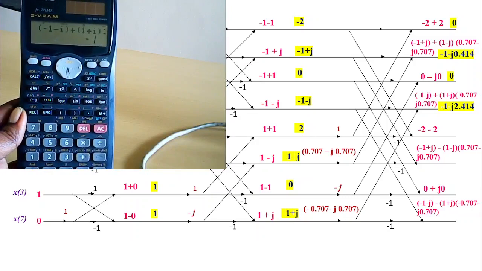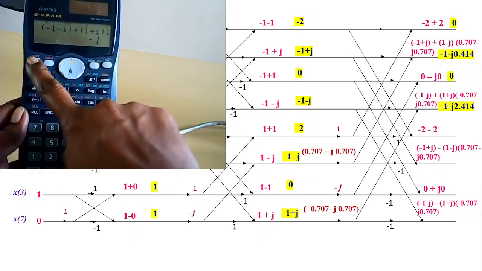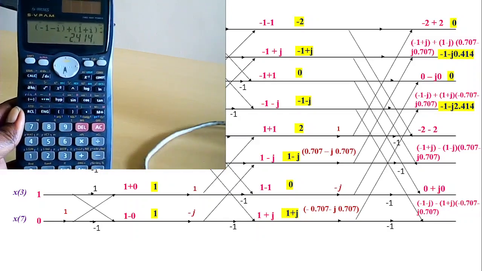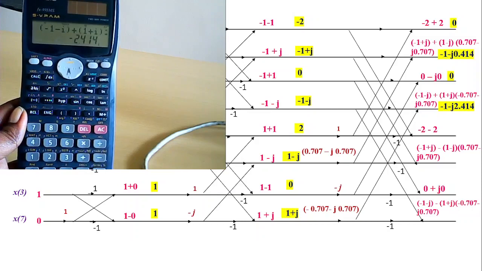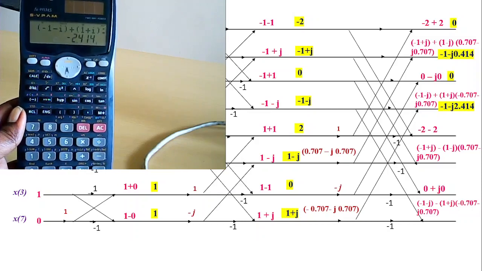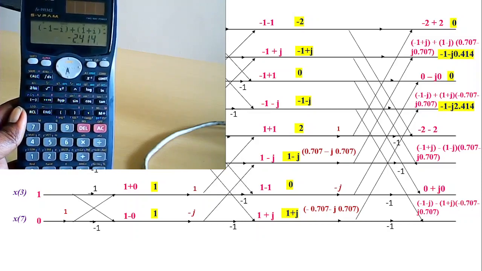So the value is -1, and shift equal to will give you the minus j 2.414. So here with shift equal to, you have to get your imaginary part without fail. So -2 is going to be -4.